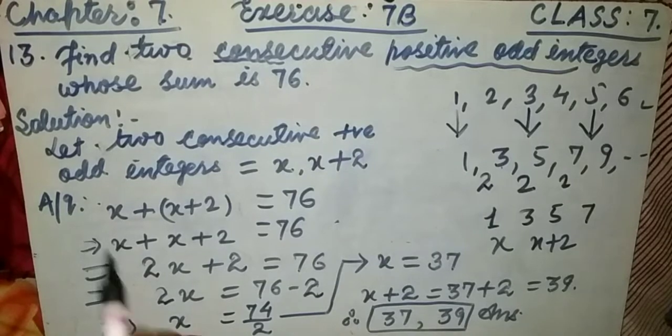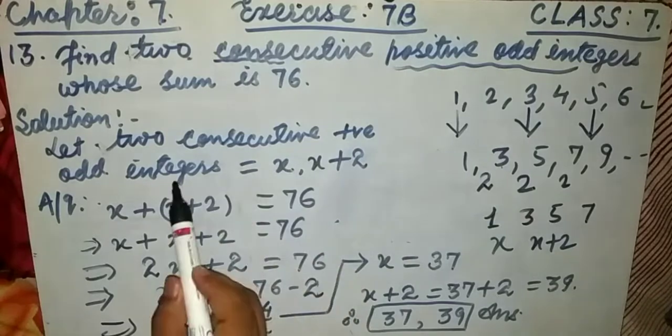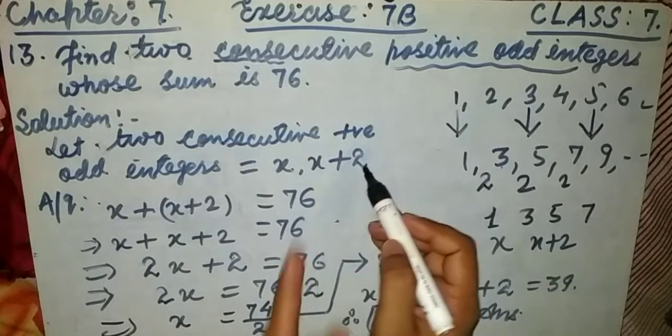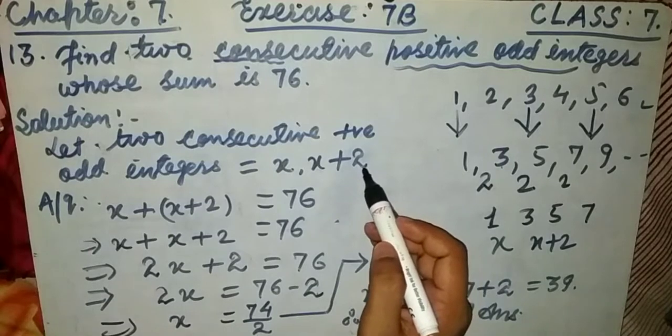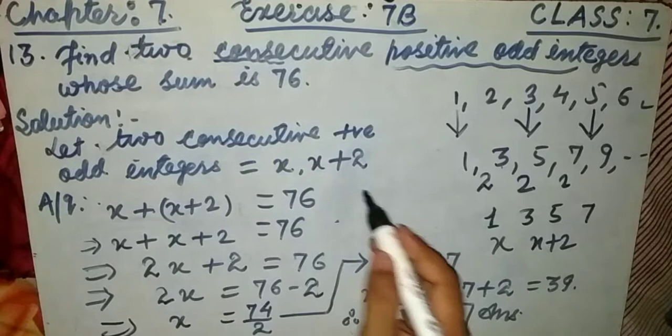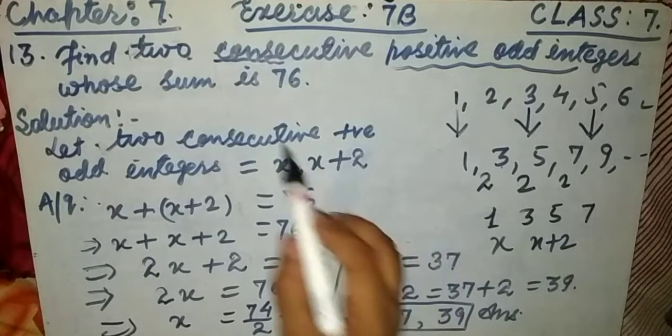Now let us suppose two consecutive positive integers, the first x and the second x plus 2. The second statement says the sum of these two consecutive odd integers is 76.